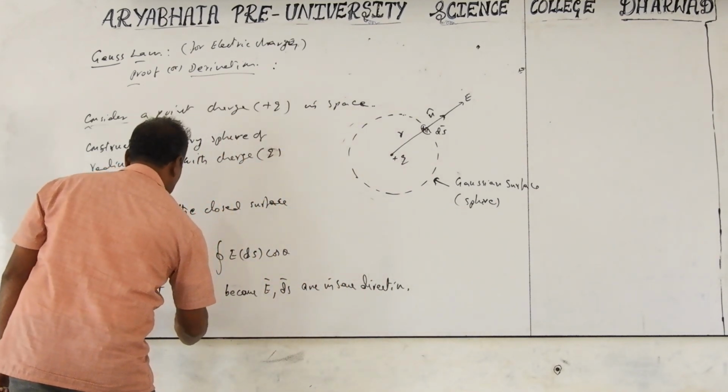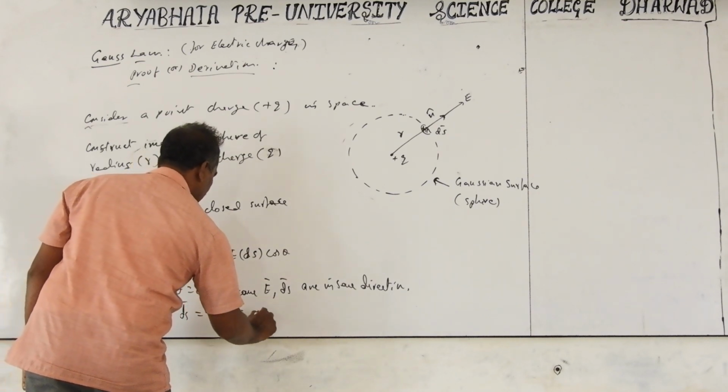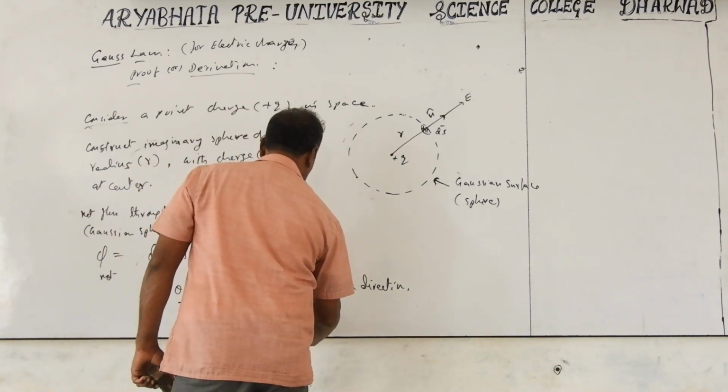This ds bar will be taken as L cap into ds, where L cap is the unit vector along ds bar, perpendicular to the surface.